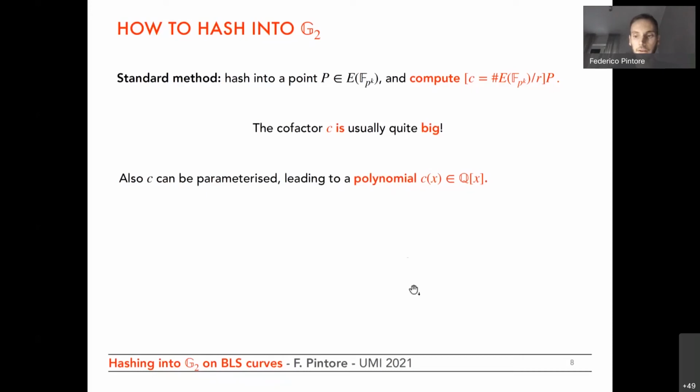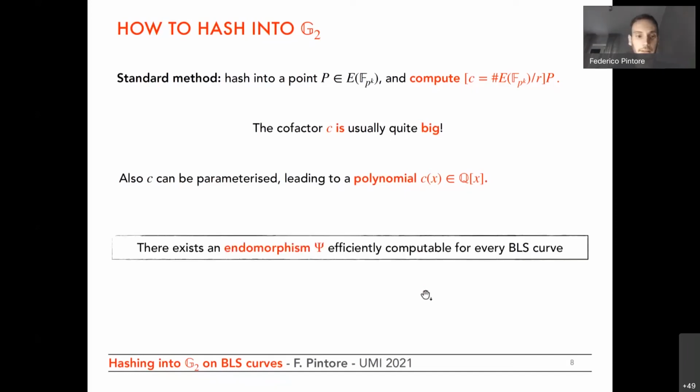This cofactor can be parameterized as well as a polynomial with rational coefficients. And we can also exploit an efficiently computable endomorphism psi, which is efficiently computable for every BLS curve. Furthermore, for every point on G2, this relation holds.